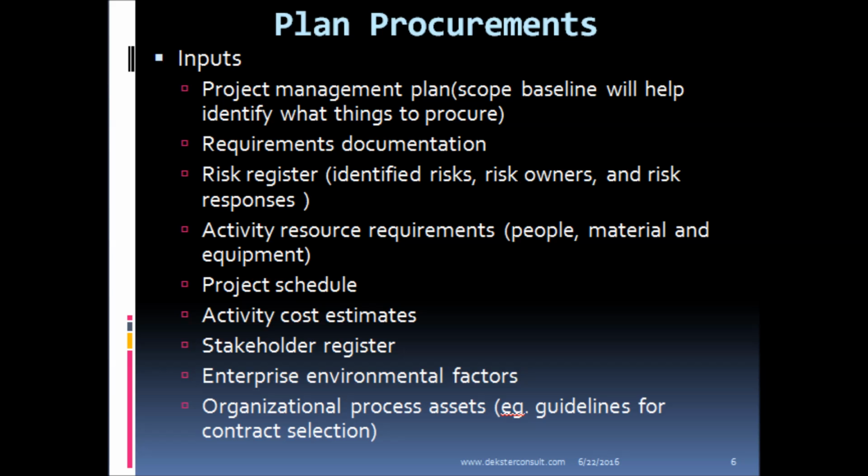Then we have enterprise environmental factors, internal or external, that could influence the success of our project. Then organizational process assets. Those are internal company documents that could aid us in project planning.